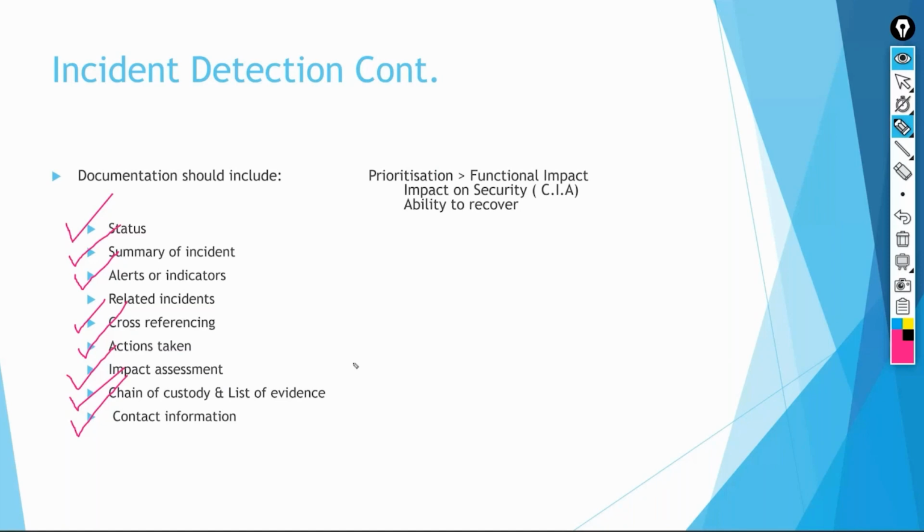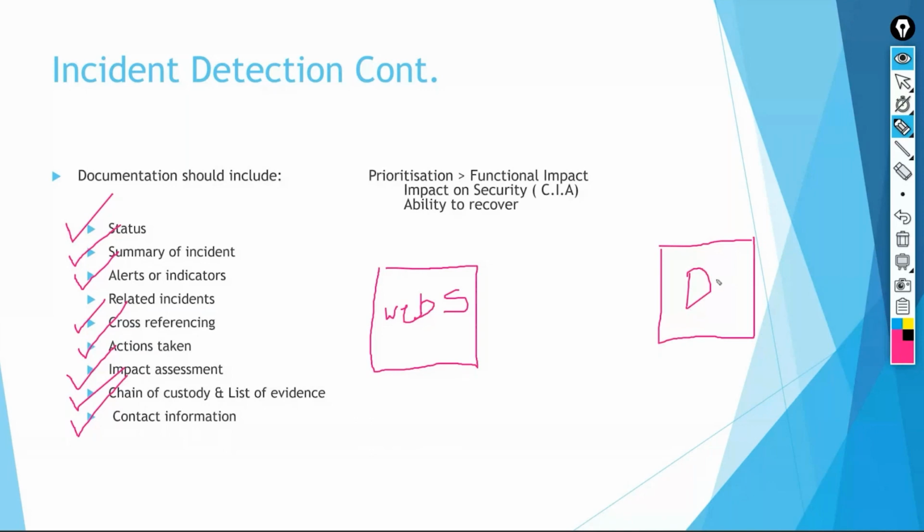So one live example I can give you. Let's say I have a web server and I have a database server. Now the database server is processing my PII, my PHI, and my PCI DSS data.